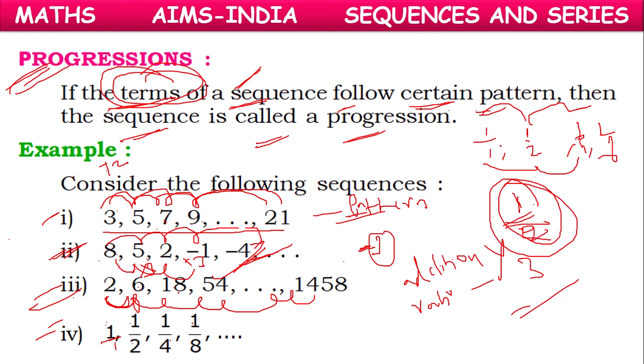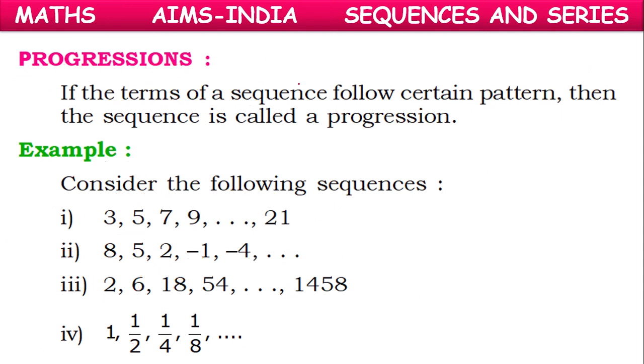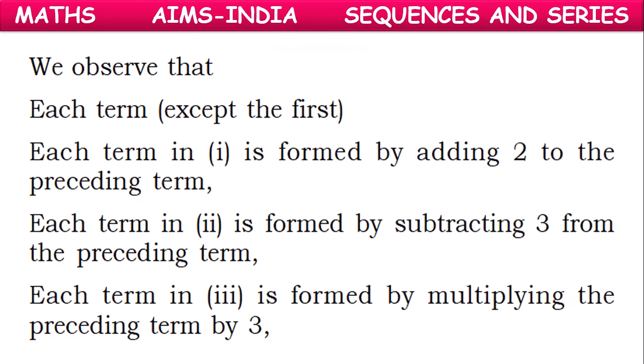Except the first term, all other terms are obtained by multiplying the previous term by 1 by 2. So 1 by 2 is considered the common ratio. This is also an example of progression. So progression is just a sequence which follows a certain pattern.